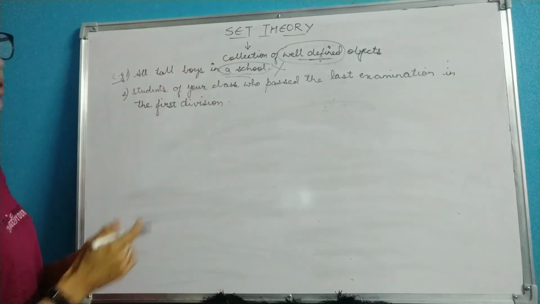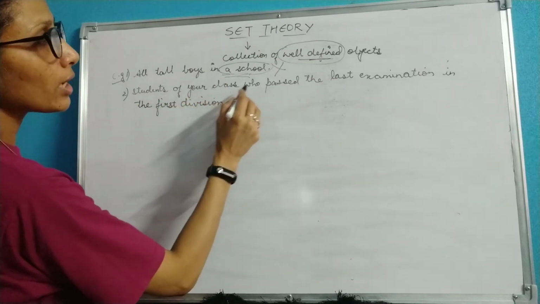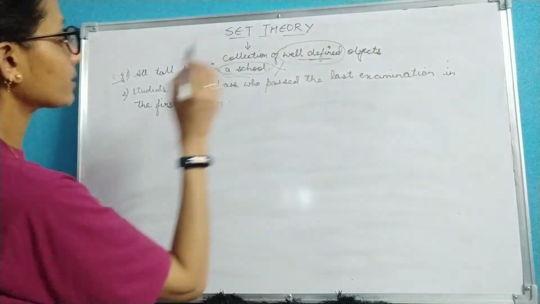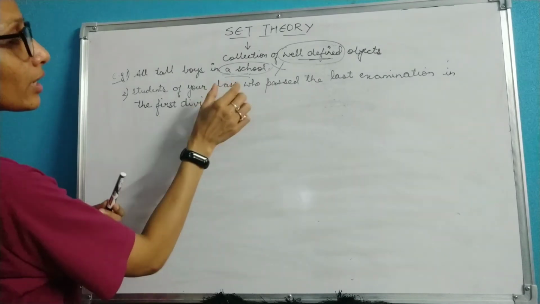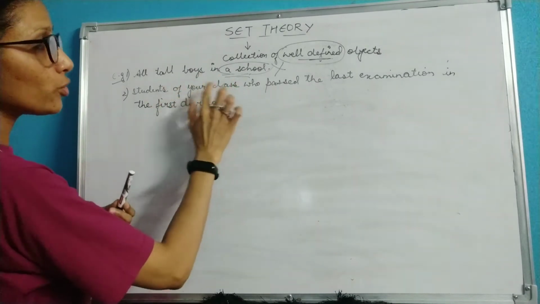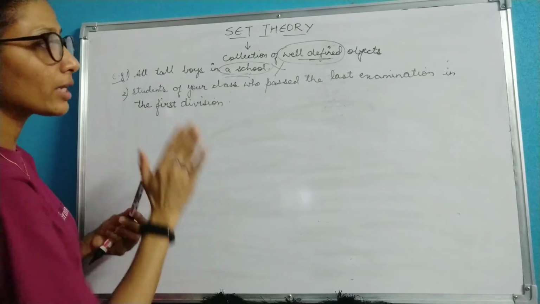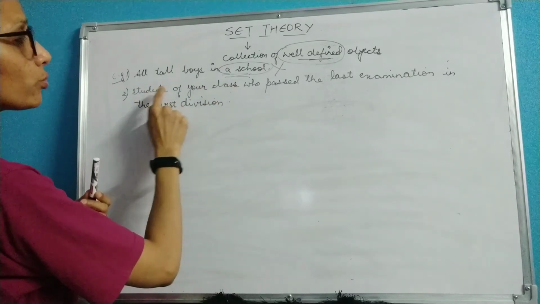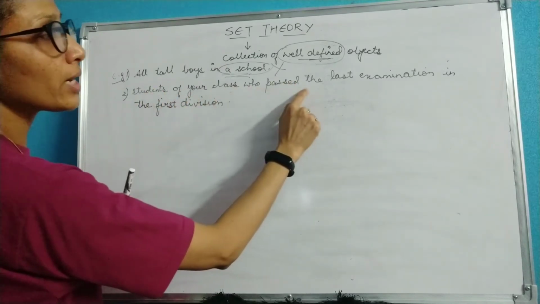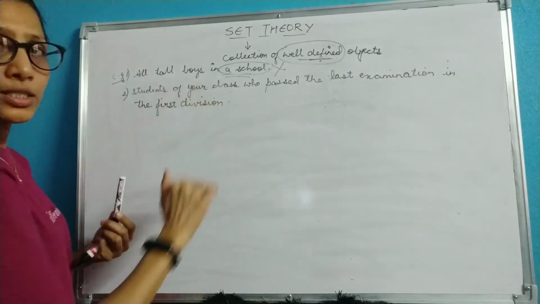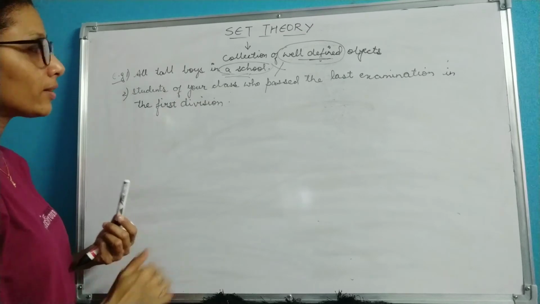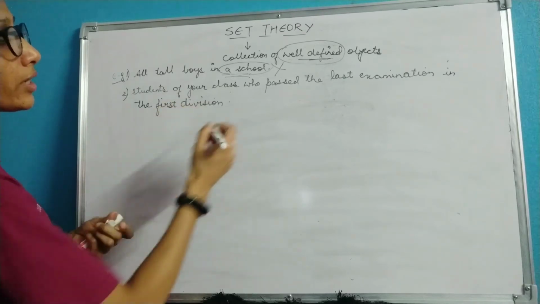See the next question. Students of your class who passed the last examination in the first division. Children, here class is mentioned, of your class. That means it is well defined. The class is well defined. Students of your class who passed the last examination in the first division. So the last examination was your class 10 and in the first division.